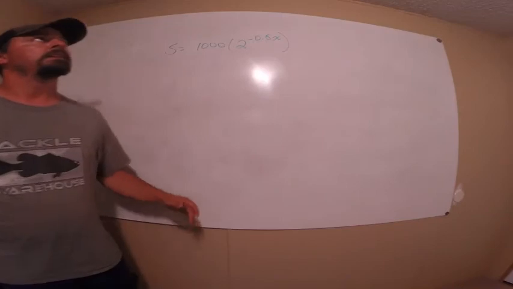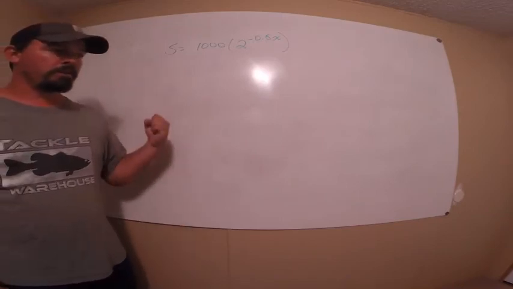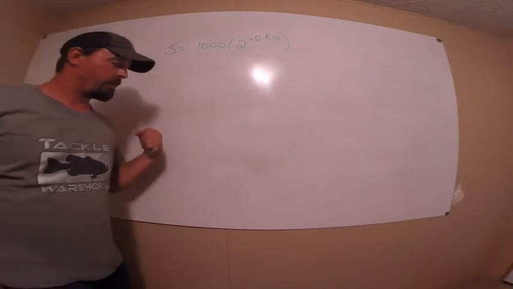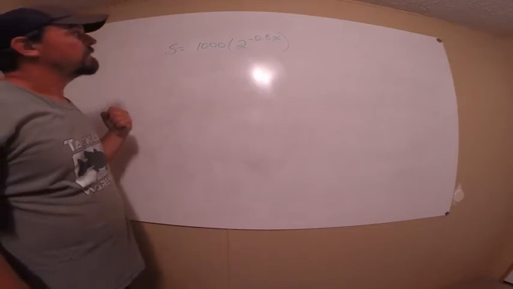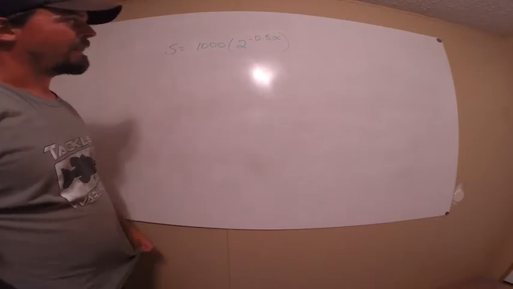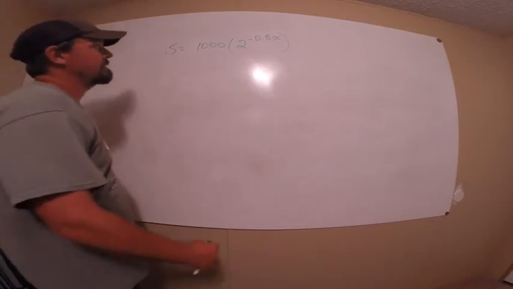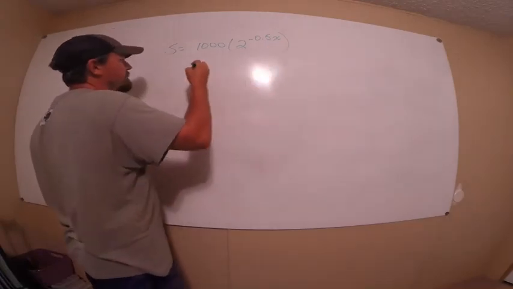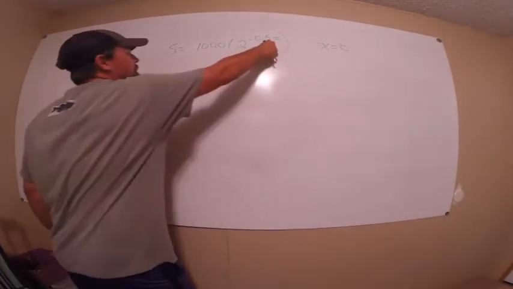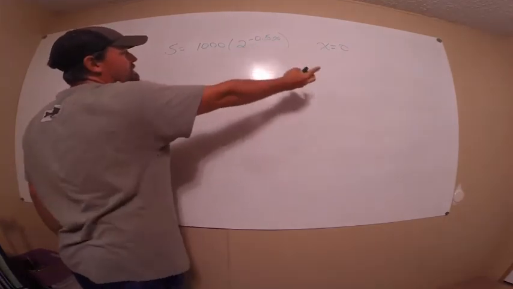Alright, so if you read the question, and you really read into the question and understand it, it's asking on part A, what is the value of the sales after the end of the campaign? As soon as the campaign ends, that's when x equals 0. So the initial week that it ends, x equals 0. If I plug 0 in here, anything raised to the 0 is 1.